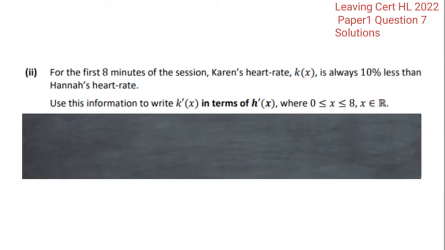For the first 8 minutes, Karen's heart rate is always 10% less than Hannah's heart rate. So in this case now we have a factor, because if it's 10% less, we can multiply by 0.9 or 90% over 100.